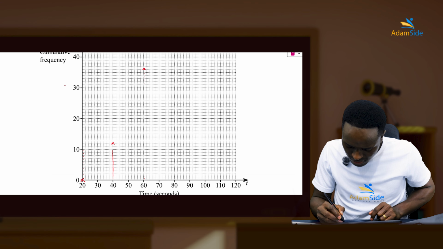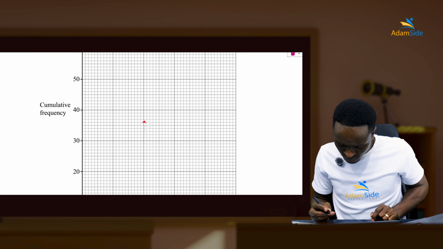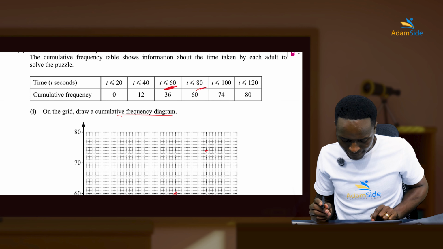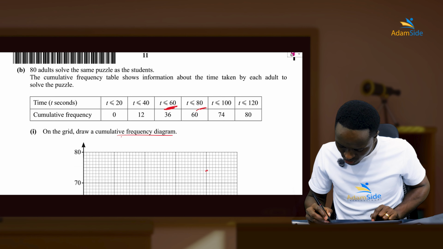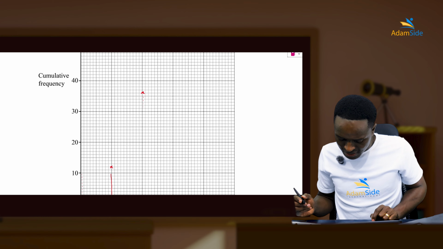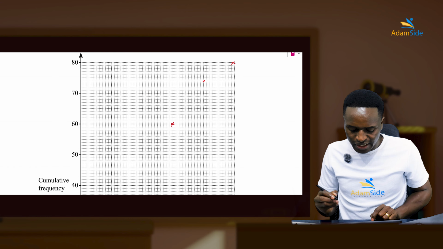At 80, it is 60. At 100, it is 74. At 120, it is 80. You just plot, as simple as that.